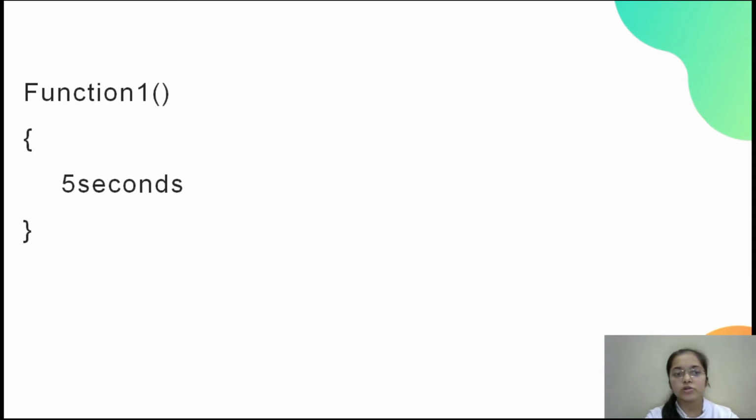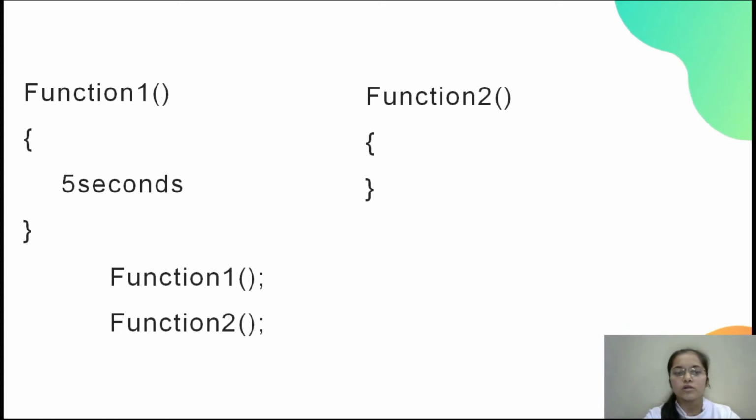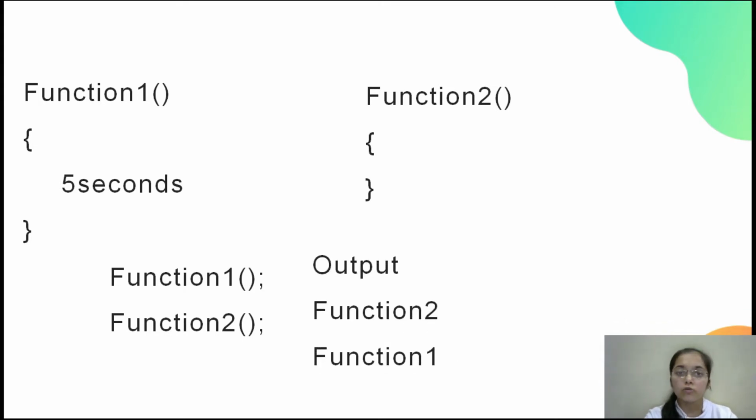Okay, so there's a function that takes 5 seconds to execute. Then the second function will be executed immediately when the page runs. And if we call function 1 and then function 2, then what will be the output? The output we will get is that function 2 will be executed first and then function 1 will be executed.